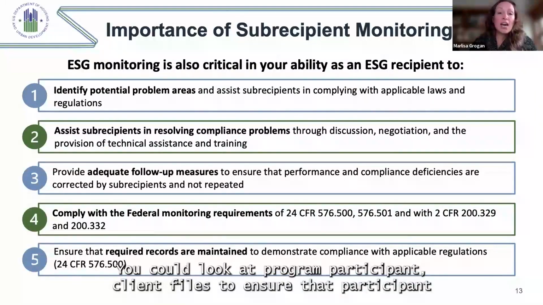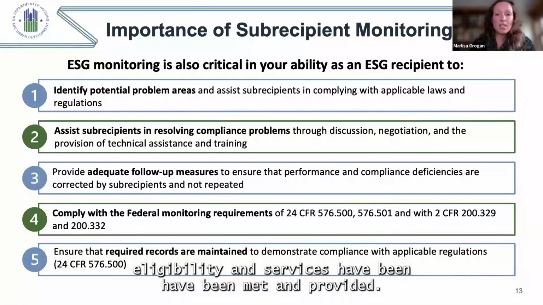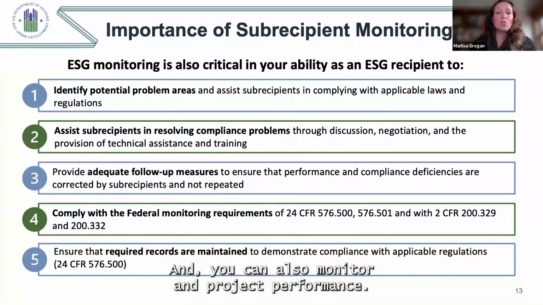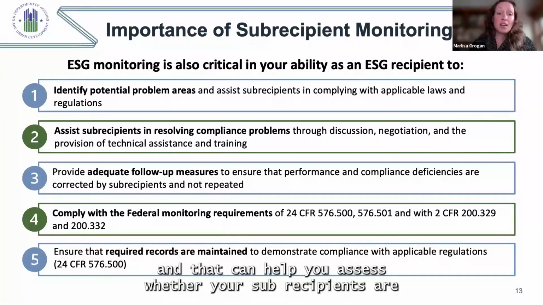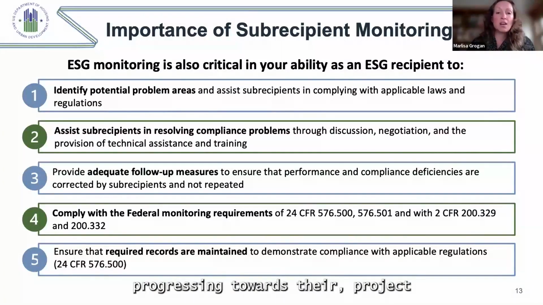You could look at program participant client files to ensure that participant eligibility and services have been met and provided. And you can also monitor on project performance. So reviewing the CAPER, other performance of a project, and that can help you assess whether your subrecipients are progressing towards their project goals and COC program goals.